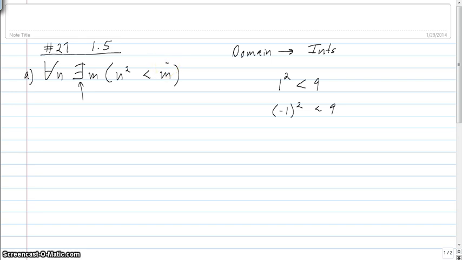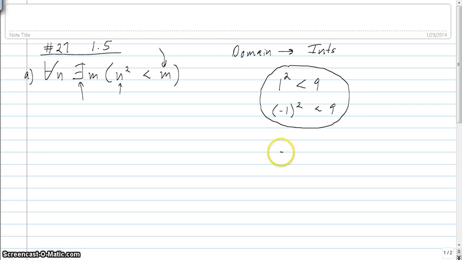Now, this one's a little bit more complicated because the way that we select our m is going to depend on what the value of n is. The way I thought about it, I picked out my m first, but if I want to make sure that that m value is greater than n squared, how can I do that?